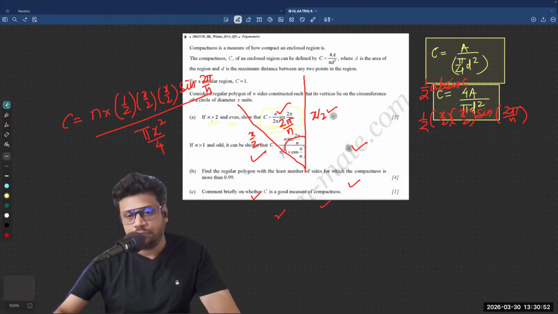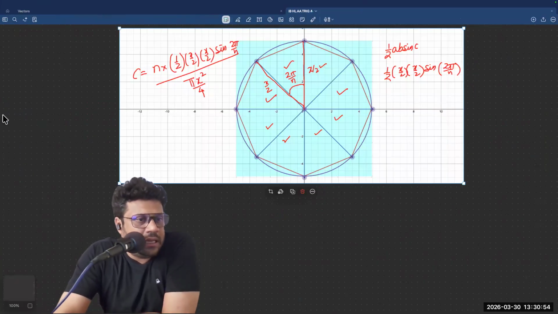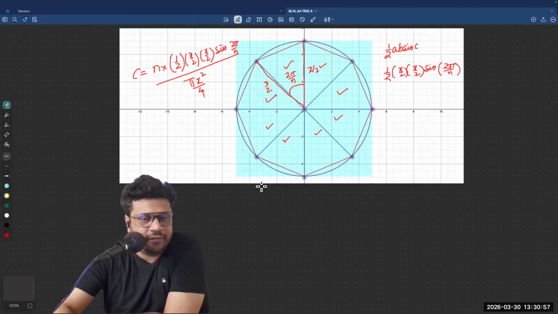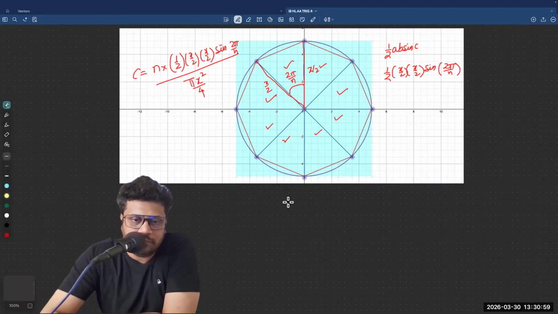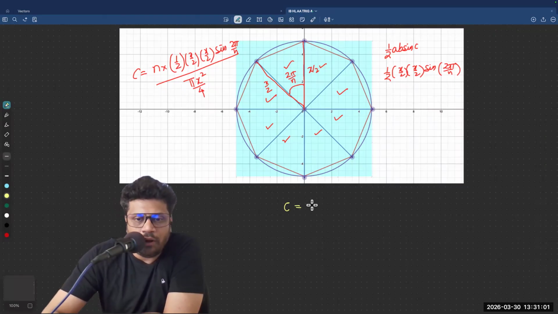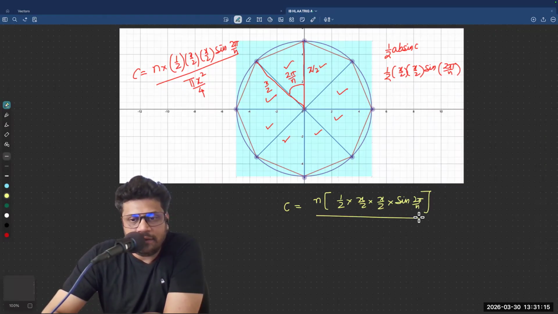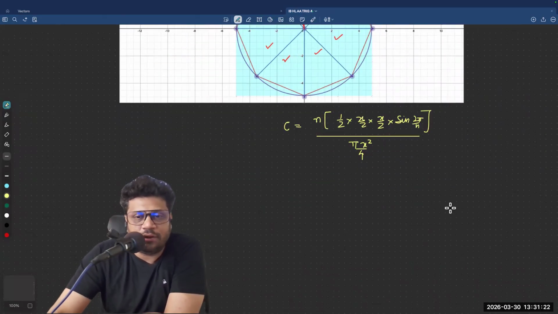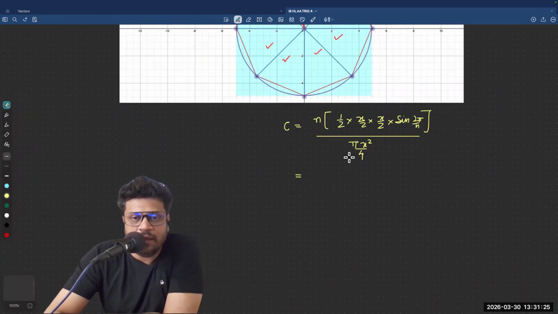So we have a polygon here, the area of which is n times 1 by 2 into x by 2 into x by 2 into sine of 2 pi by n. And the area of the circle is going to be pi x square by 4. Okay, so let's see what this compactness comes out to be.